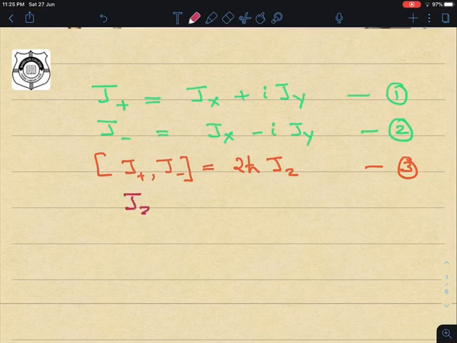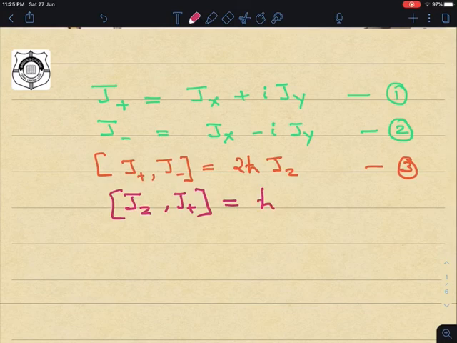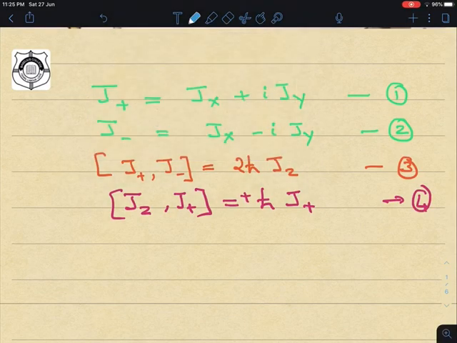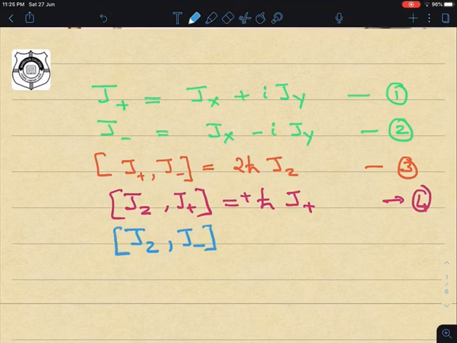And again, the commutation of Jz on J plus gives plus h cross J plus. That's equation number 4. And again, Jz on J minus commutation is given by minus h cross J minus. That's equation number 5.